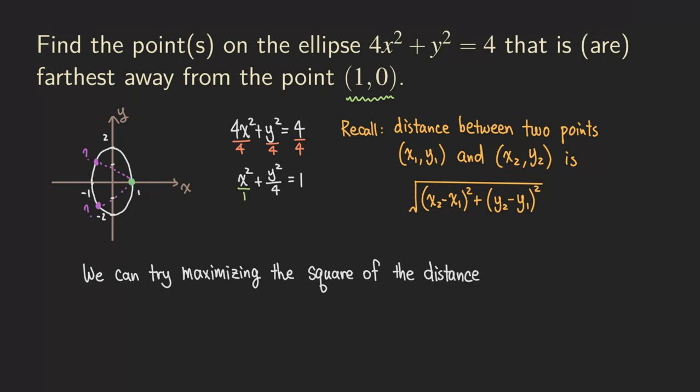And of course, the purple point at this point is just unknown, right? The distance between what? Now, there are 2 points that we need to worry about. One of them is the green point, which is (1, 0). And the other point is the purple point. And because the purple point is unknown, then we got to use just (x, y) to denote that purple point.